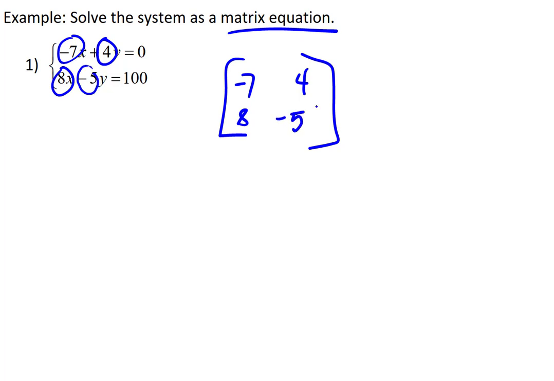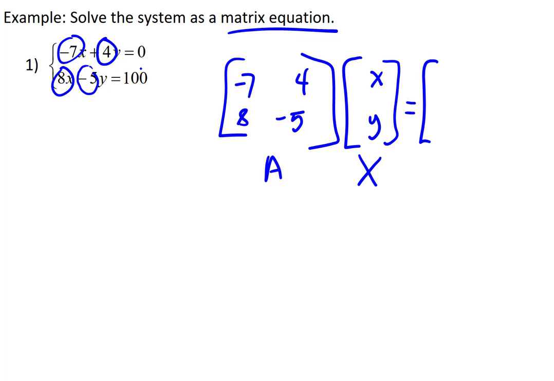That's our coefficient matrix, what we were calling matrix A in the previous little example there. We're going to multiply that by the variable matrix, which our variables are x and y in that order. So we'll call that the X matrix. And then that's equal to the constant matrix, which for this system would be the 0 and the 100. And that would be like our matrix B.